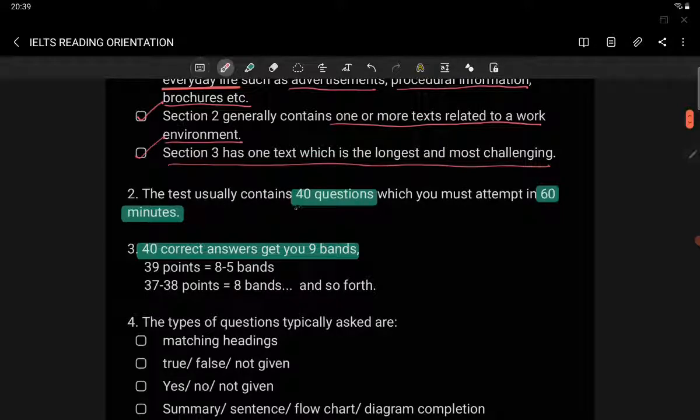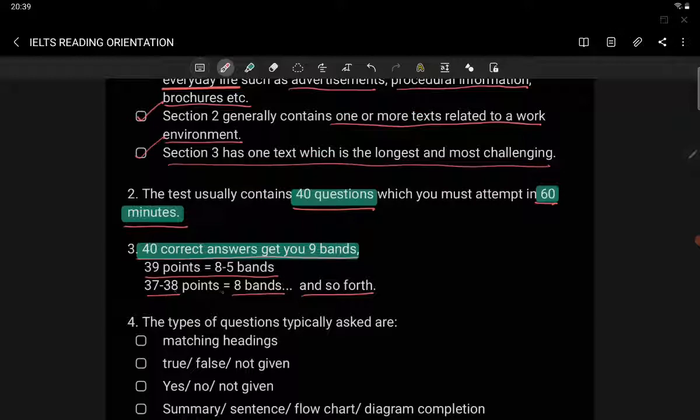The test usually contains 40 questions which you must attempt in 60 minutes, which is 1 hour. All right. 40 correct answers get you 9 bands. 39 points will get you 8.5 bands. Then 37 and 38 points get you 8 bands, so on and so forth. Okay. So you can keep reducing 2 points for each 0.5 band.